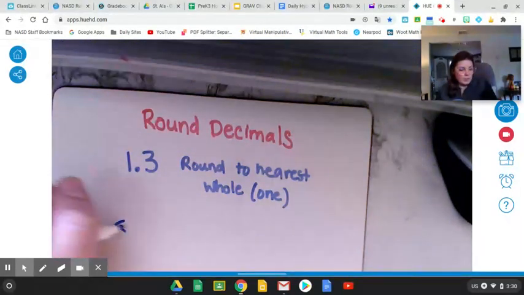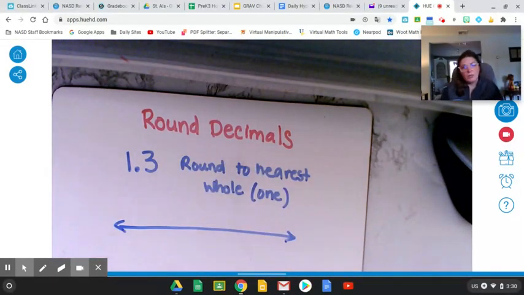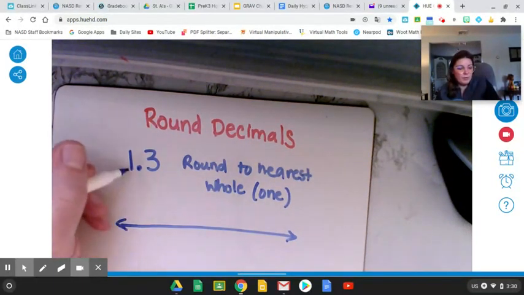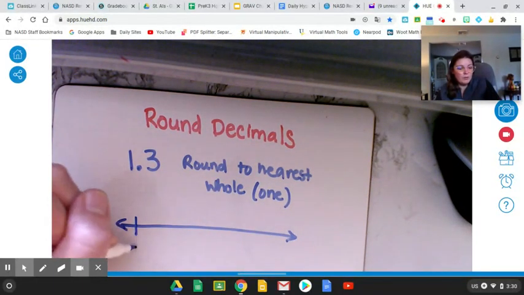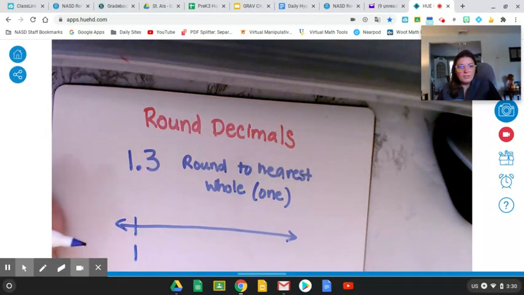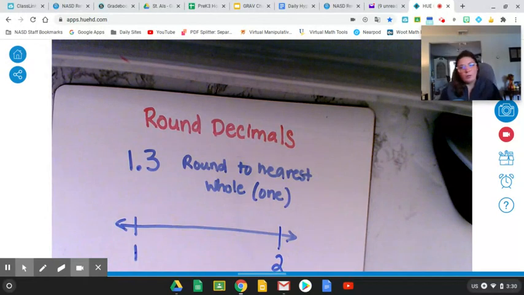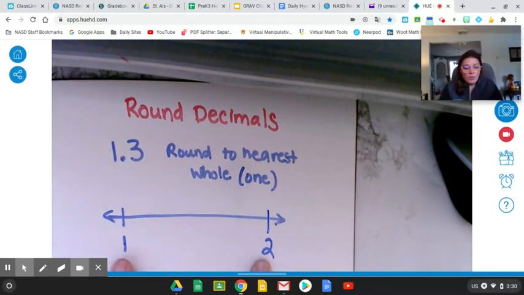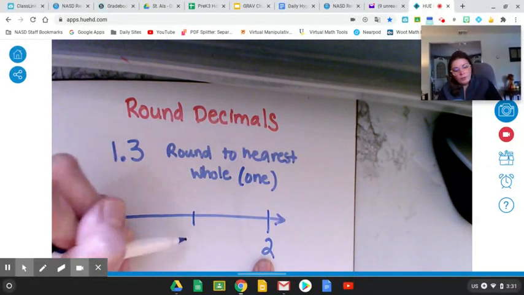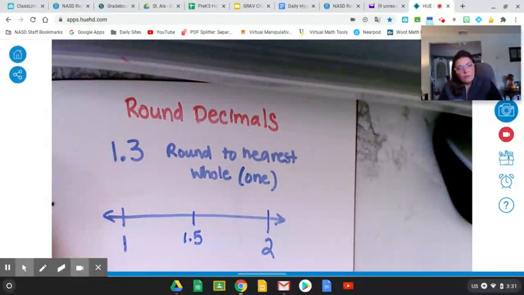So you could use a number line to understand this. Since I'm rounding to the nearest whole number, I want to take my whole number and make it on the left side of my number line, and then increase that and go to the next whole number and put that on the right side. So our answer is either going to be that it's closer to 1 or closer to 2. Right in the middle is 1.5.